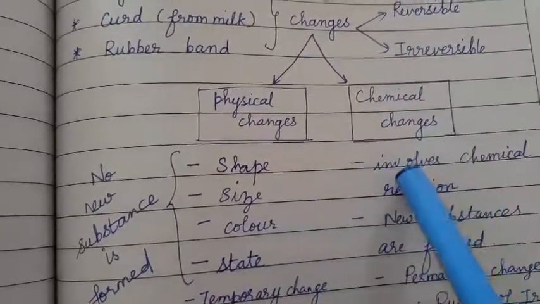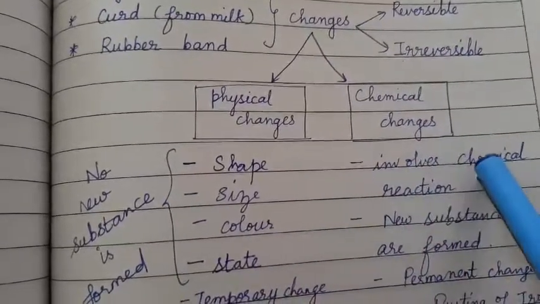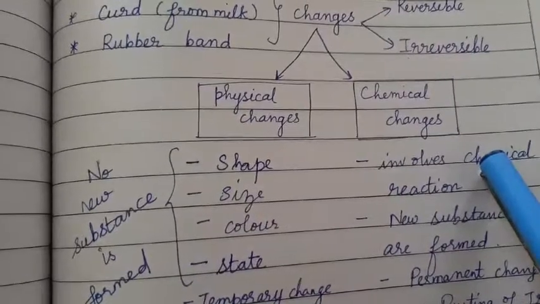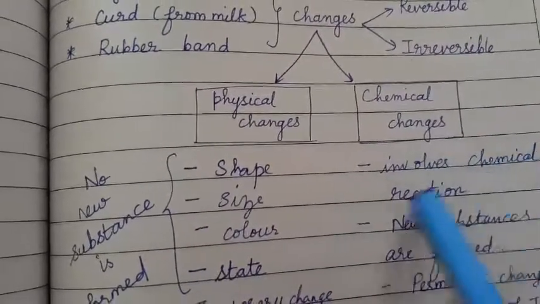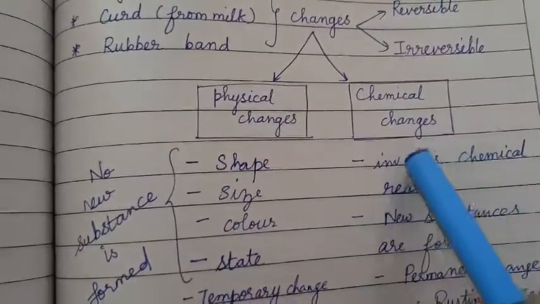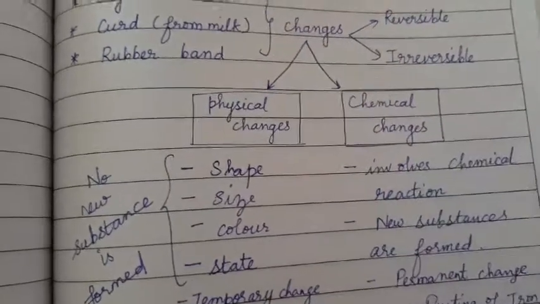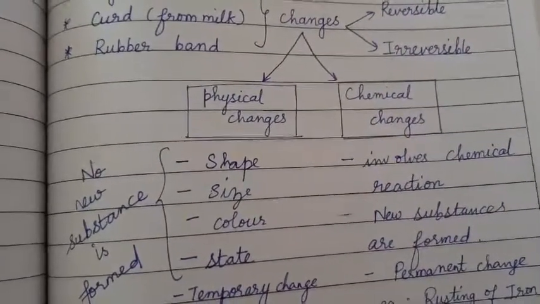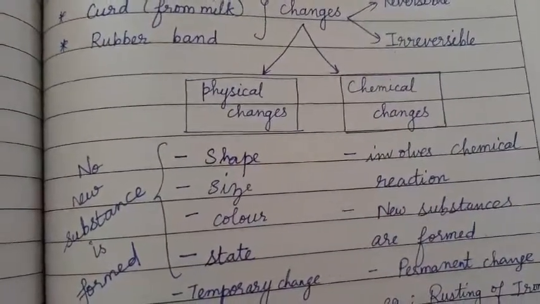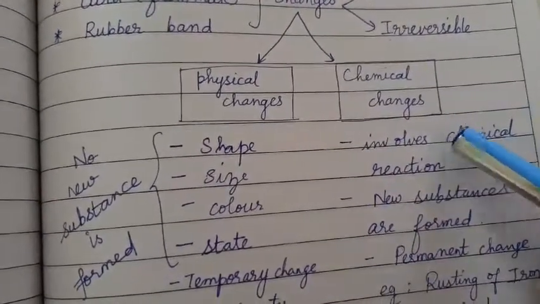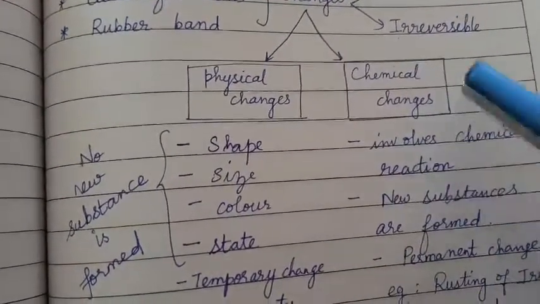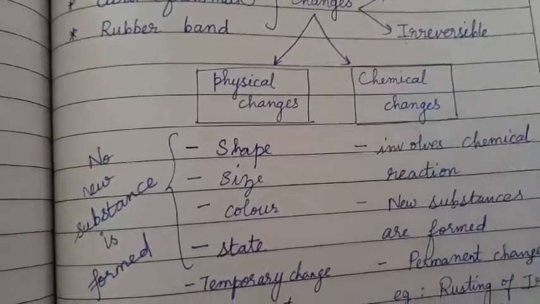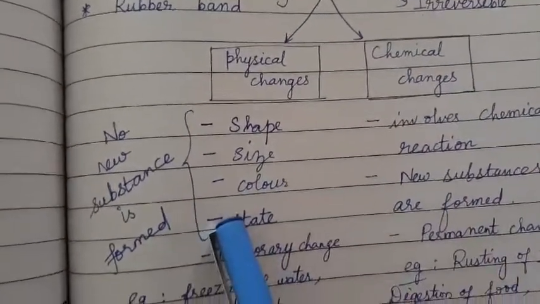Right? So whenever substances undergo changes in their chemical properties by involving chemical reactions, if there occurs a reaction with respect to air, water, fire, acid, bases, yes, then such a change will be a chemical change.